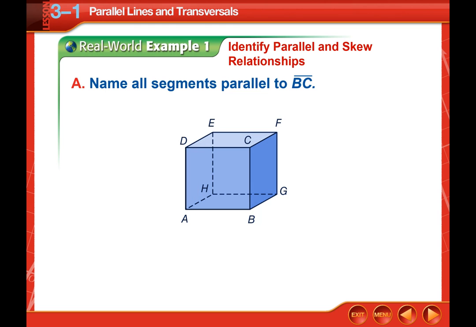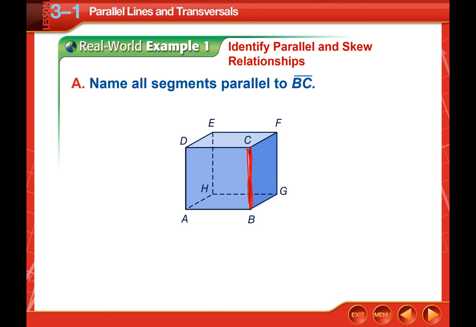So here we're asked to name all segments that are parallel to line segment BC. So line segment BC is this right here. Now, what was the definition of something that was parallel? It needed to be something in the same plane that never crossed. Coplanar lines, okay, that do not intersect.